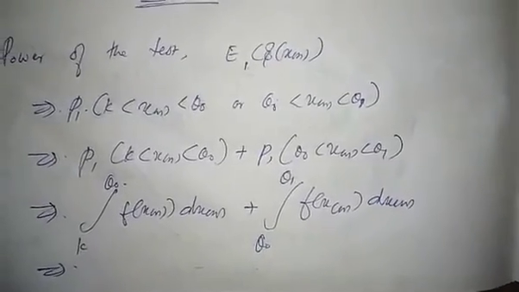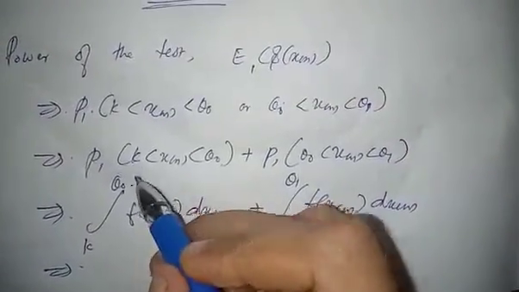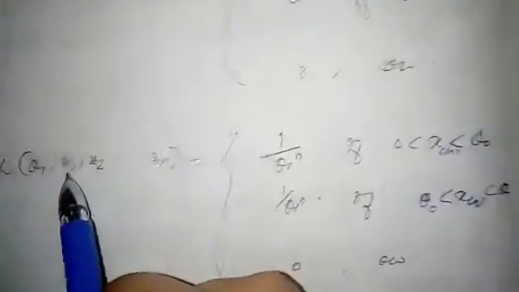Which implies we can take k to theta naught and theta naught to theta 1. What is the value there under h1?